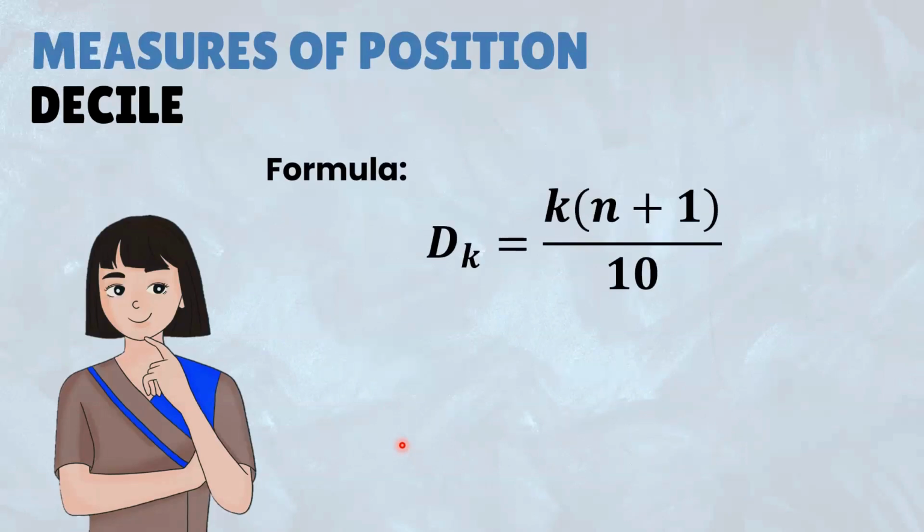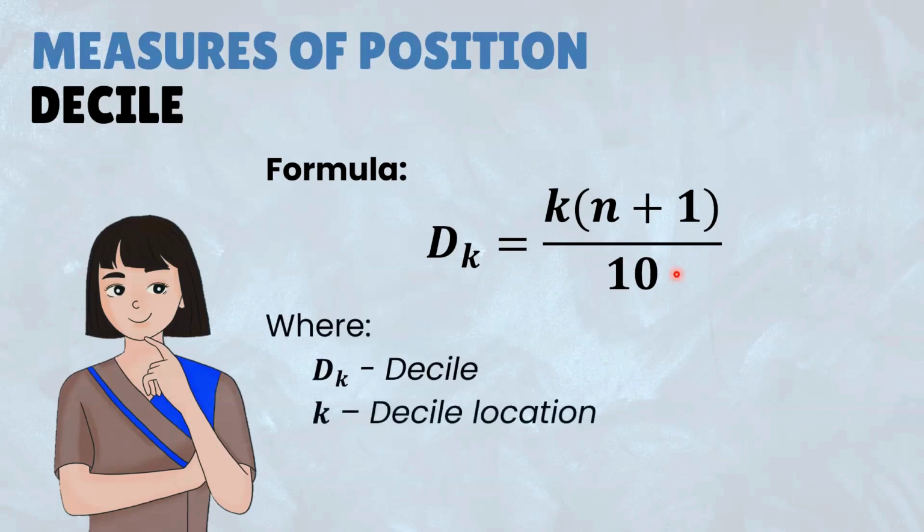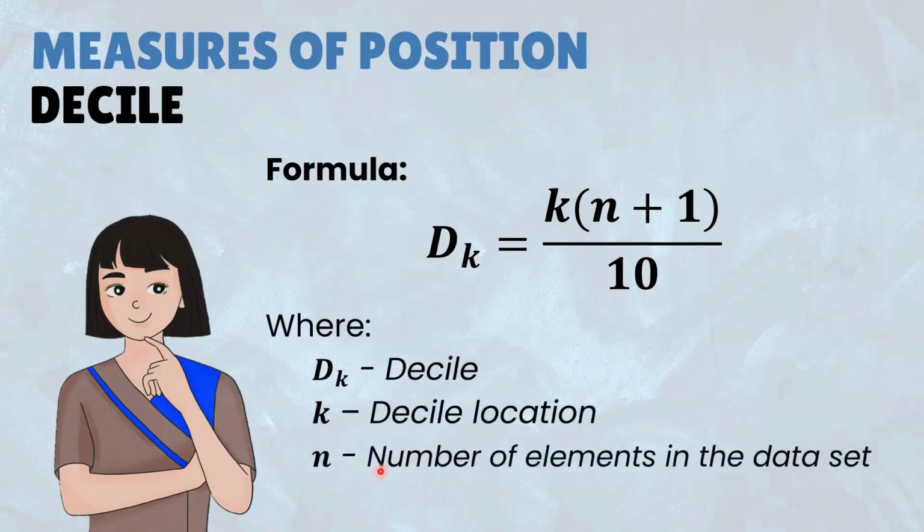D sub k is equal to k times the quantity n plus 1 over 10, where D sub k represents our decile, k is our decile location, and n is our number of elements in our data set. This is the formula used to locate the unknown decile values in the data set. Just like quartiles, this will be explained further in the succeeding sessions.